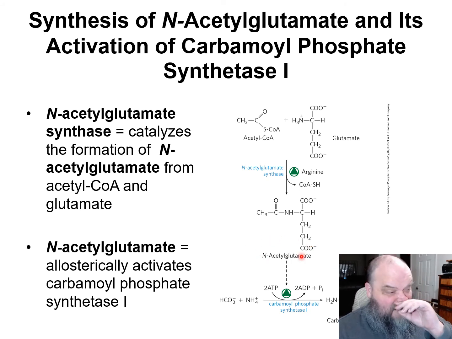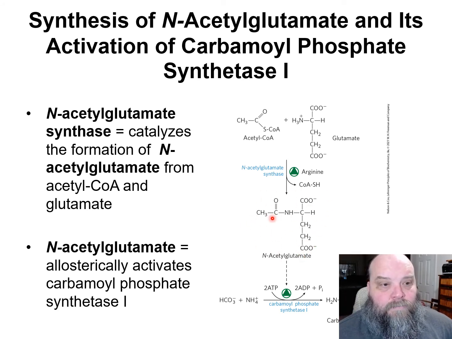Now, this turns out to be an allosteric activator of carbamyl phosphate synthetase 1. Remember, carbamyl phosphate synthetase 1 takes carbonate, ammonia, and a phosphate group and makes carbamyl phosphate, which will then combine with ornithine and make citrulline. And everything goes on.